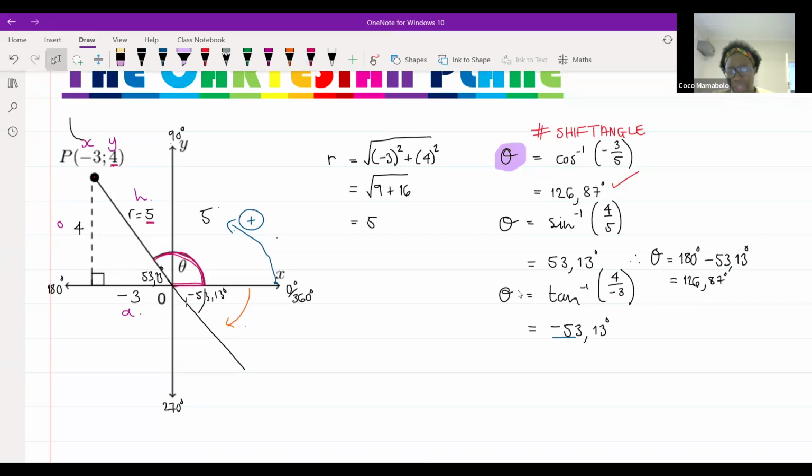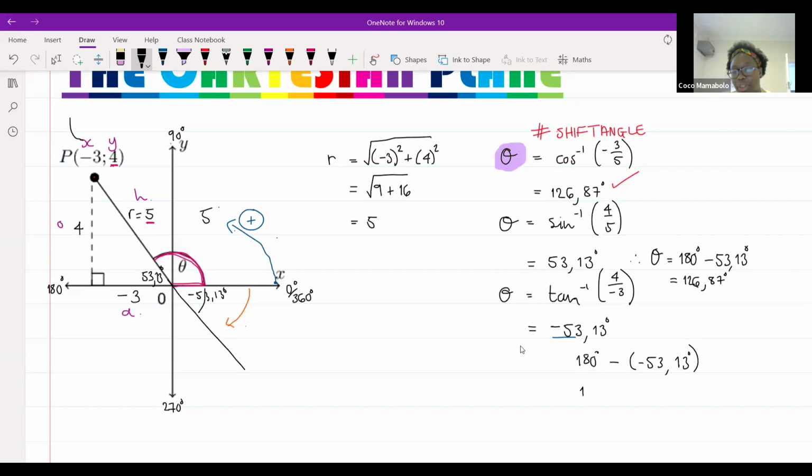Are we going to do a 180 minus? Because here's what's going to happen if we do 180 minus. I'm going to get 180 degrees minus negative 53,13 degrees. That's not going to give me what I want, because a negative and a negative is going to give me a positive.